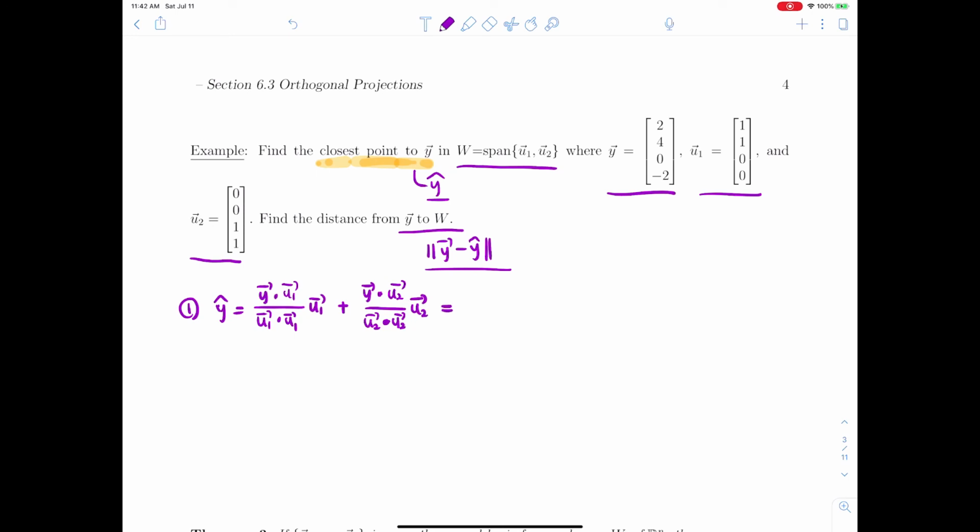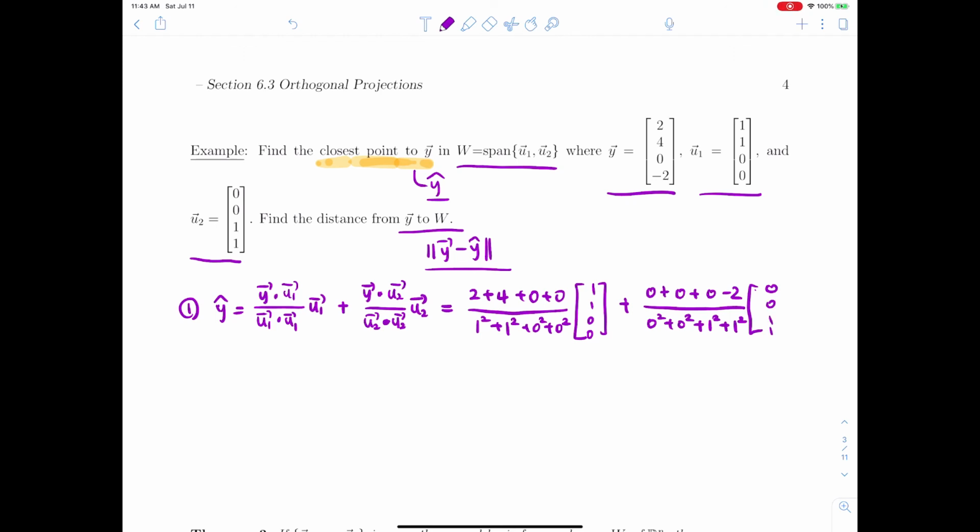For the numerator of the coefficient, we have 2 plus 4 plus 0 plus 0, and you divide this by u1 dot u1, which is 1 squared plus 1 squared plus 0 squared plus 0 squared, and you multiply this by (1, 1, 0, 0). Then you add y dot u2, which is 0 plus 0 plus 0 minus 2, divided by 0 squared plus 0 squared plus 1 squared plus 1 squared, multiplied by (0, 0, 1, 1).